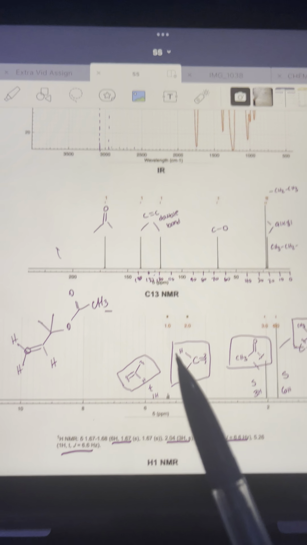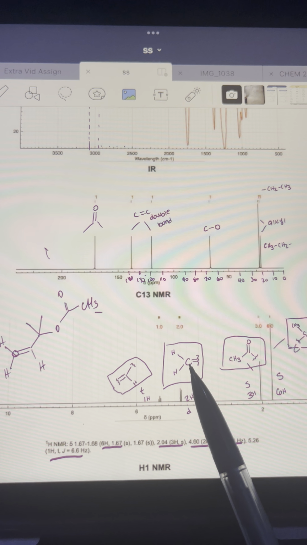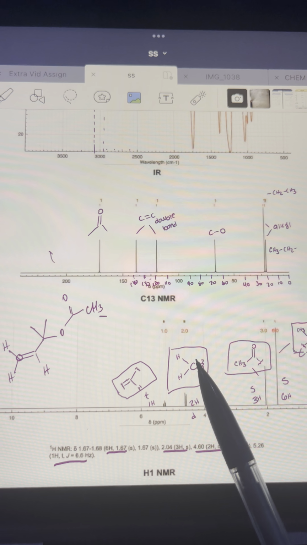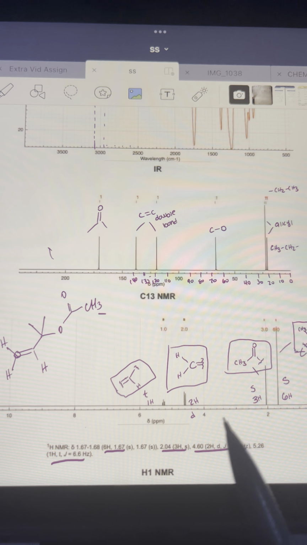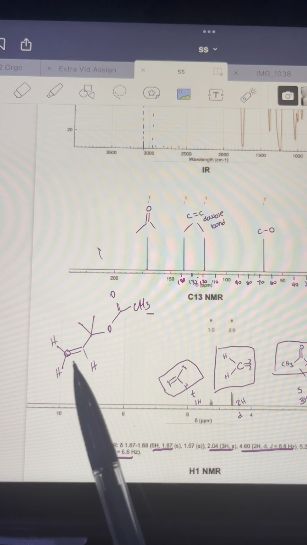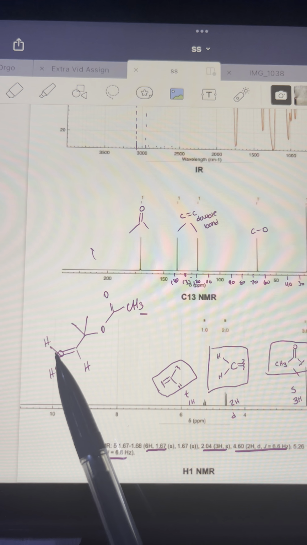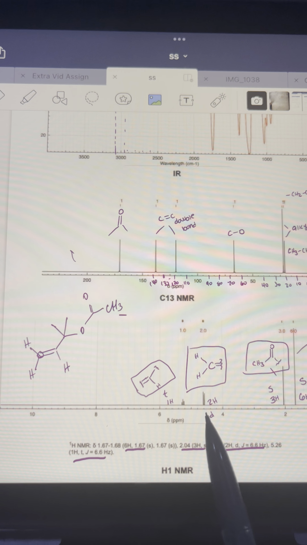Over here, we have a peak that has an integration of 2H, which is a doublet, so we know that it is a CH2 attached to something that has 1 neighboring hydrogen. I have my final structure here, and if we look at that, that's going to be this bond we have right here, this CH2 attached to this implicit hydrogen here, which is why we see that doublet.